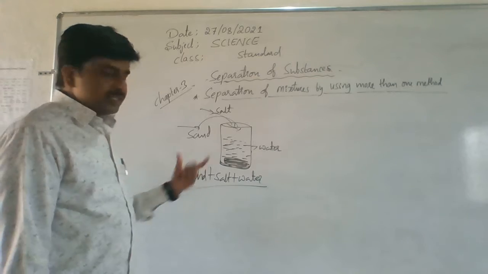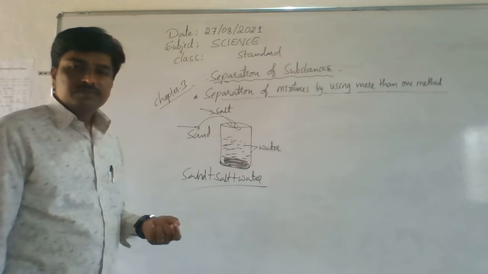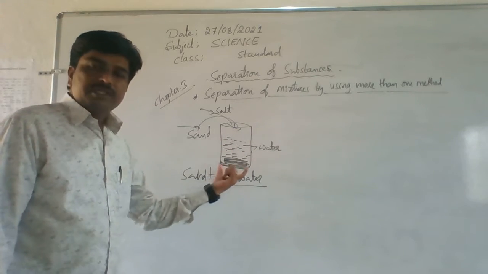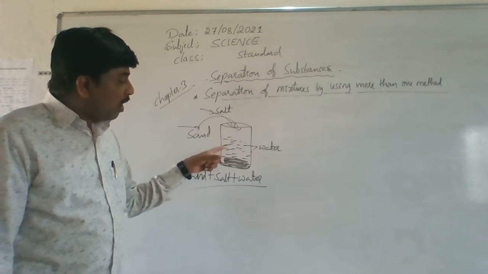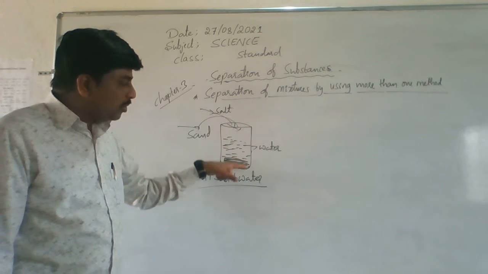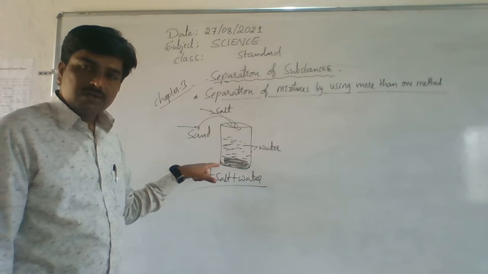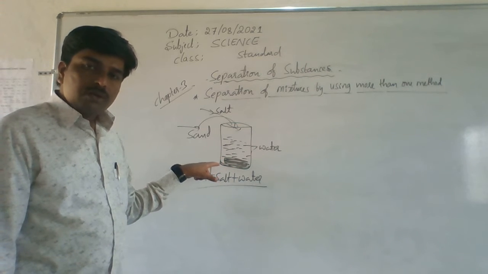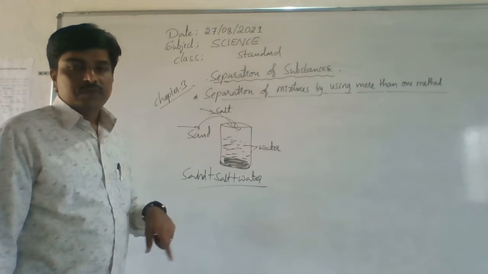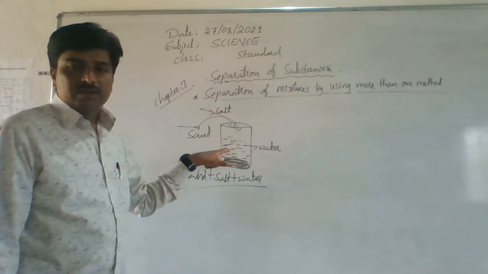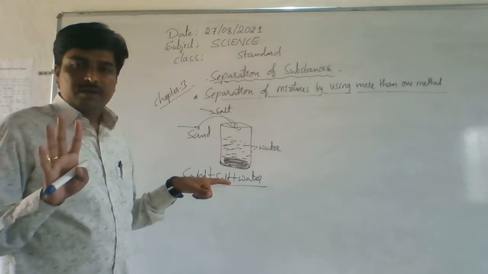Which method do we have to use first? See, when you kept this beaker undisturbed for some time, what did you observe? All sand particles come down and settle at the bottom. Yes or no? Now you want to separate this sand from the salt solution. Here the salt is completely dissolved in water.